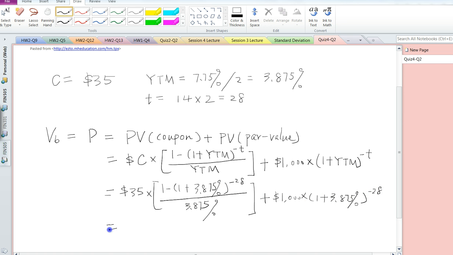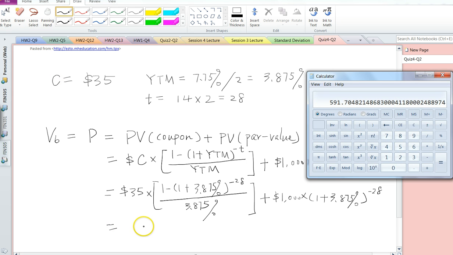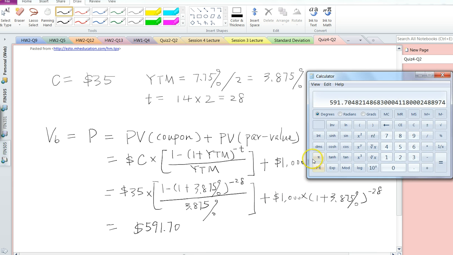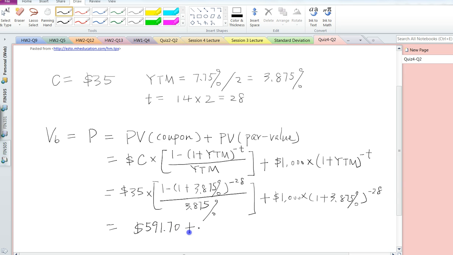So let me pull out my calculator and do this calculation. The first part equals 591.70, and the second part equals 344.90.